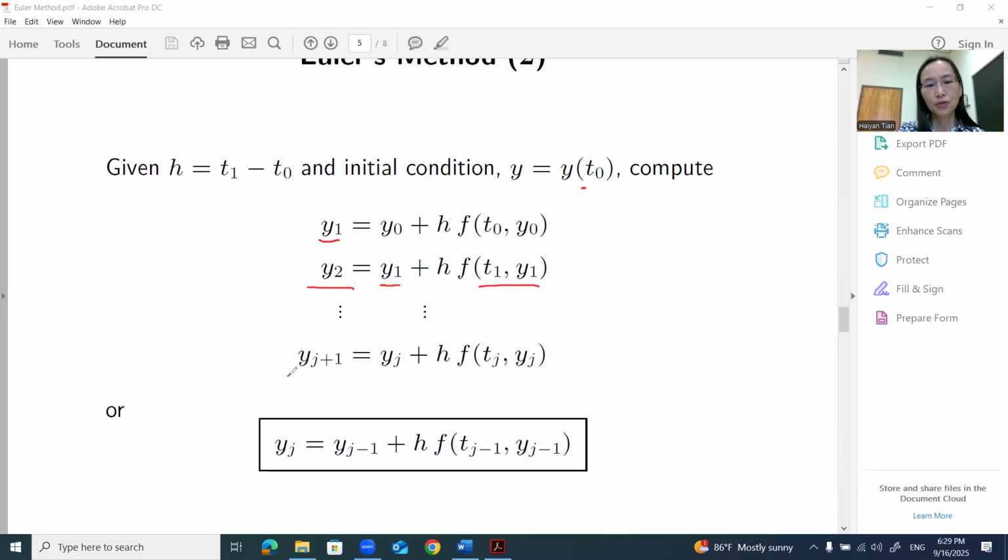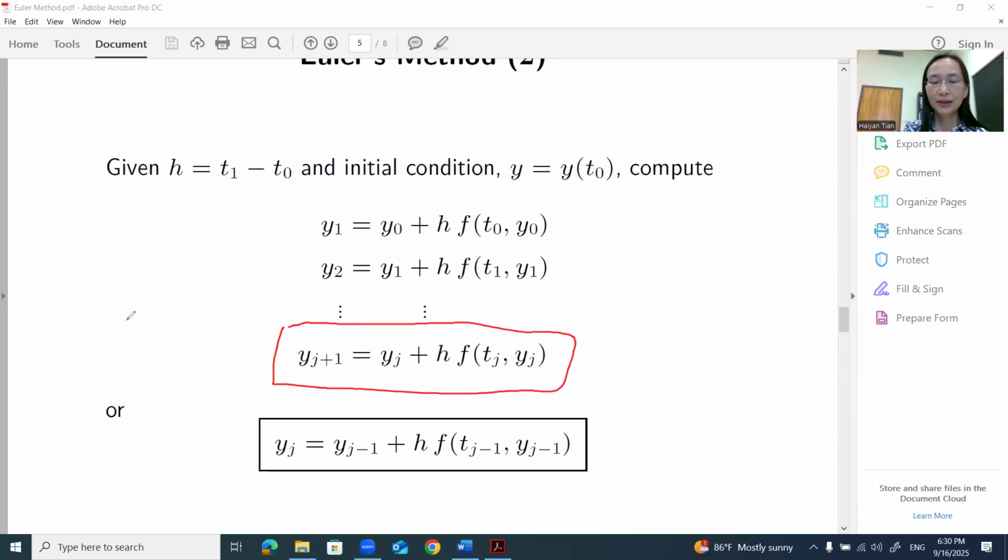And you can always get the next y value using the current tj, yj. You can get the next approximate y value. So that is how we implement Euler's method to find the sequence of y values of the solution curve.